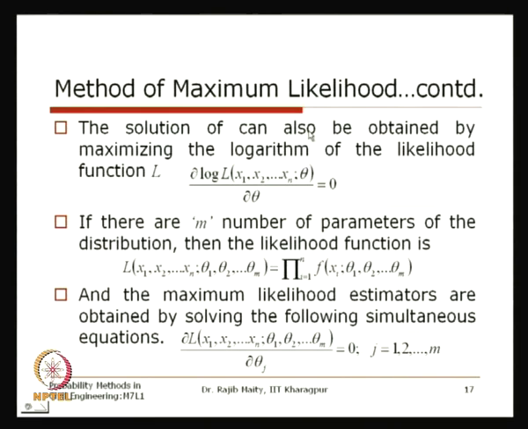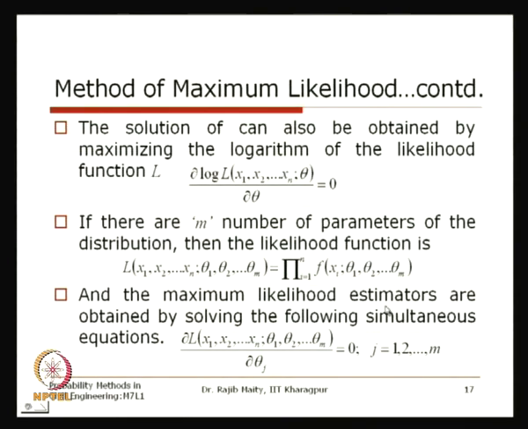The solution can also be obtained by maximizing the logarithm of the likelihood function. If we take the log, sometimes the mathematical calculation becomes easier, so we take the log of the likelihood function and differentiate with respect to the parameter. If there are m parameters of the distribution, then the likelihood function is like this: theta 1, theta 2 up to theta m are the parameters of the distribution, and this is the multiplication sign over each sample point xi.